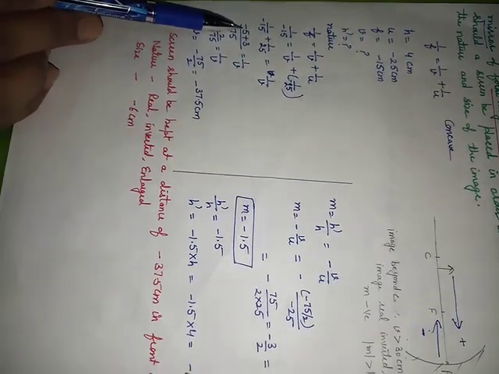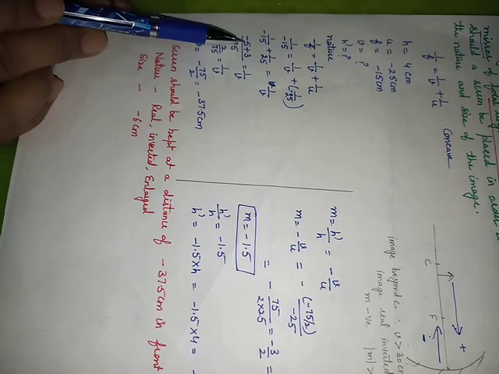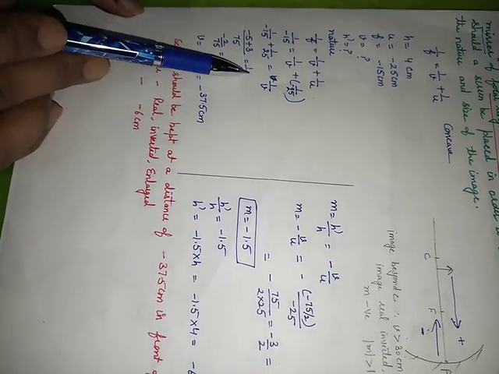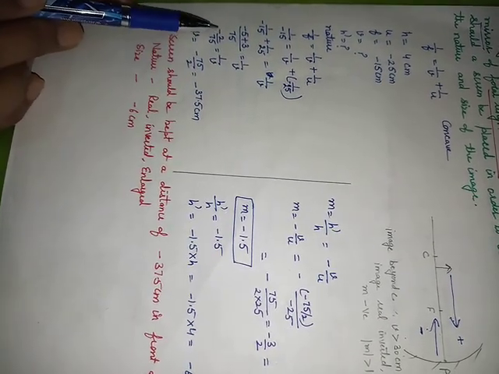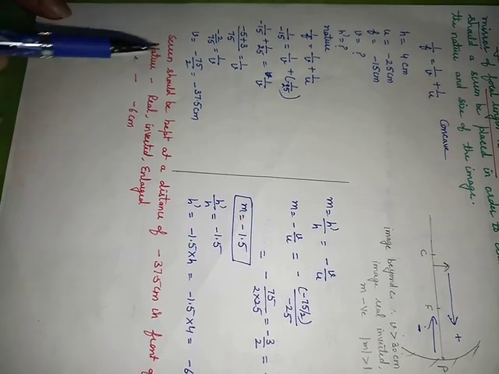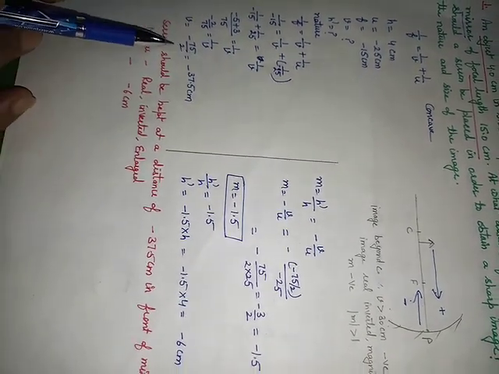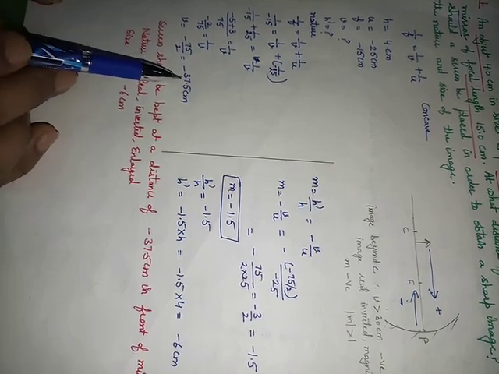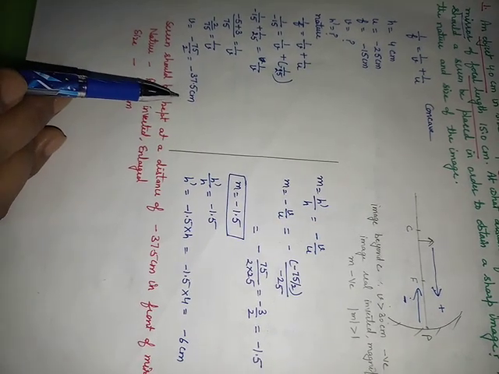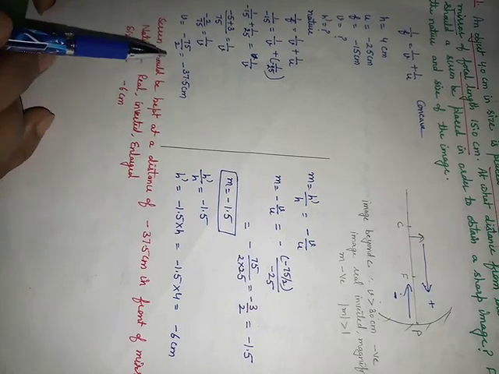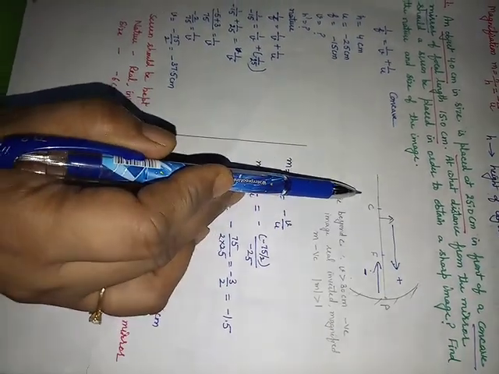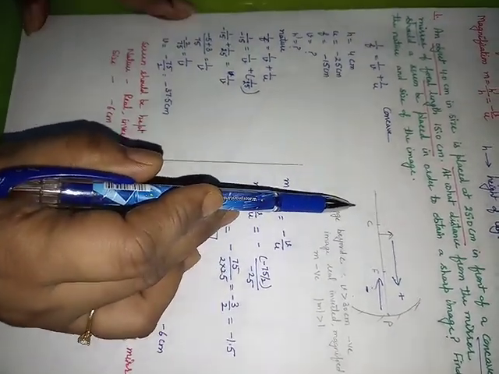So here it will be minus 5 plus 3 is equal to 1 upon v. So minus 2 upon 75 is equal to 1 upon v. v will be minus 75 upon 2, that is minus 37.5 centimeter. It means your image will be formed somewhere here.